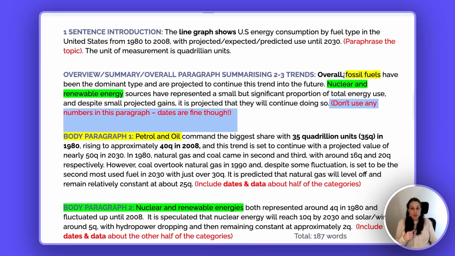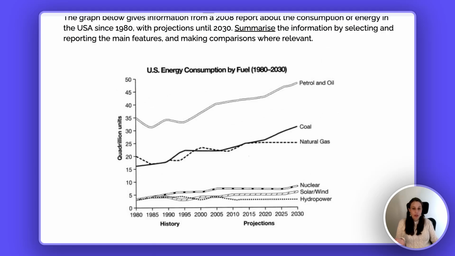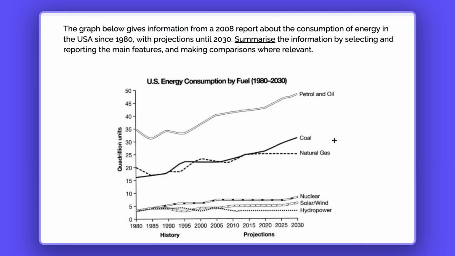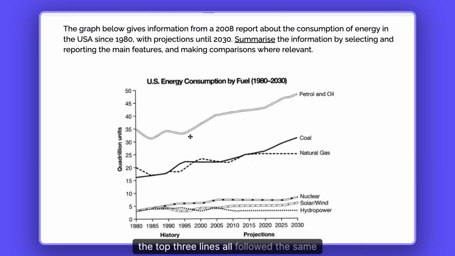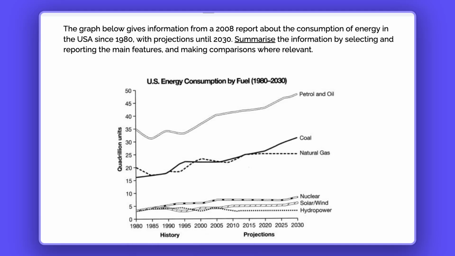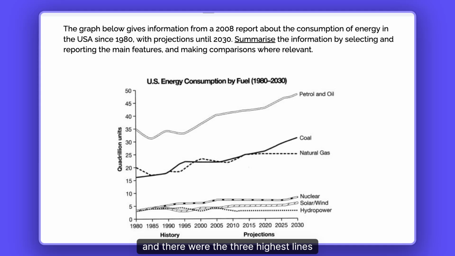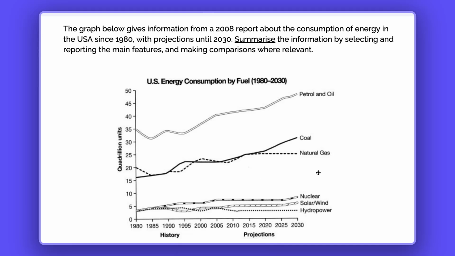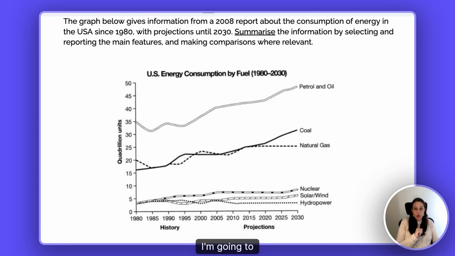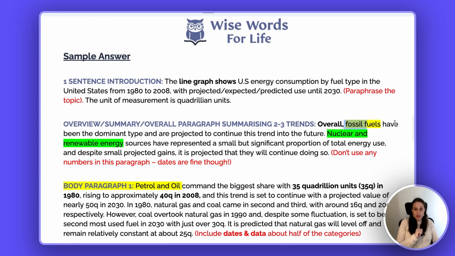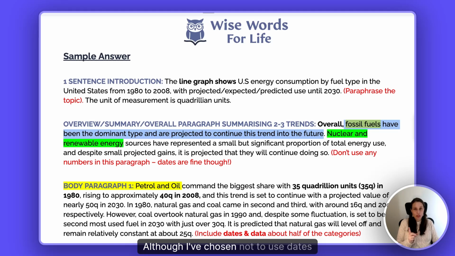So in this particular line graph, I was lucky in that the top 3 lines all followed the same direction, more or less, and they were the 3 highest lines, and they all happened to be fossil fuels. So I decided to group them together as my first trend. I'm going to talk about this trend using words only, no numbers. Dates are fine though, although I've chosen not to use dates.